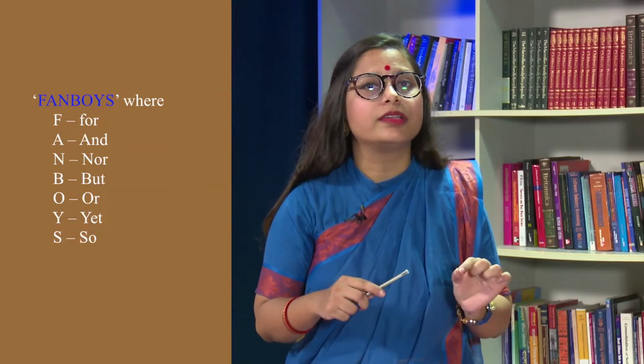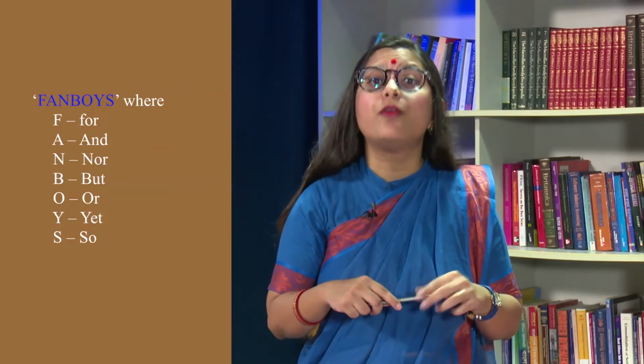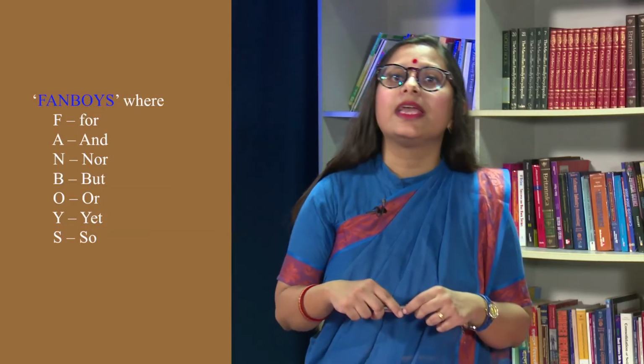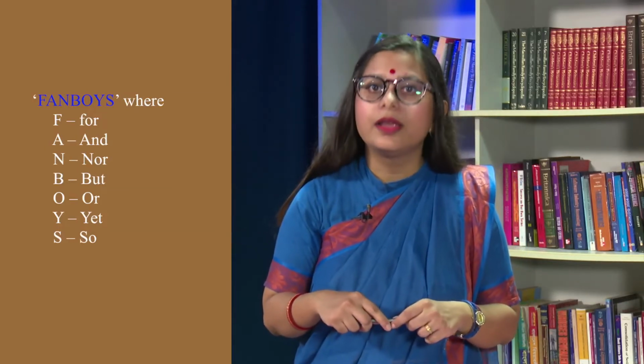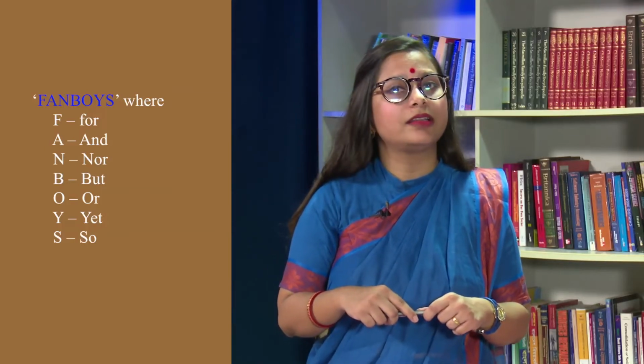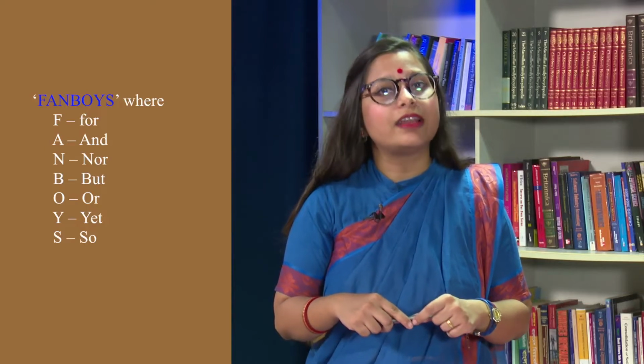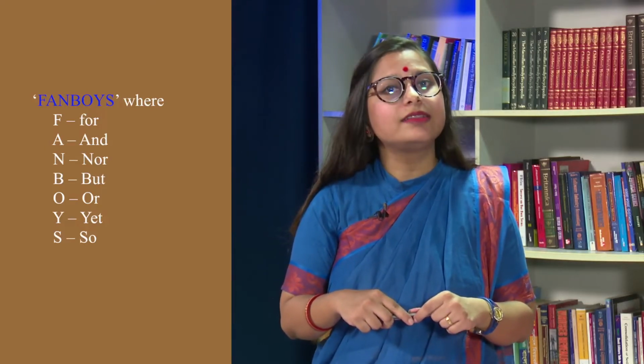F stands for for, A stands for and, N stands for nor, B stands for but, O stands for or, Y stands for yet, and S stands for so. So, if you find these FANBOYS in the middle of a sentence, working as a connector between two independent clauses, you will find out this is a coordinating conjunction or coordinator.